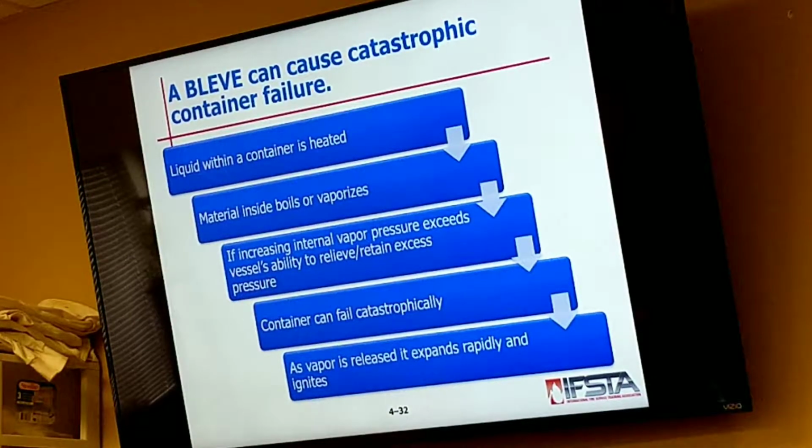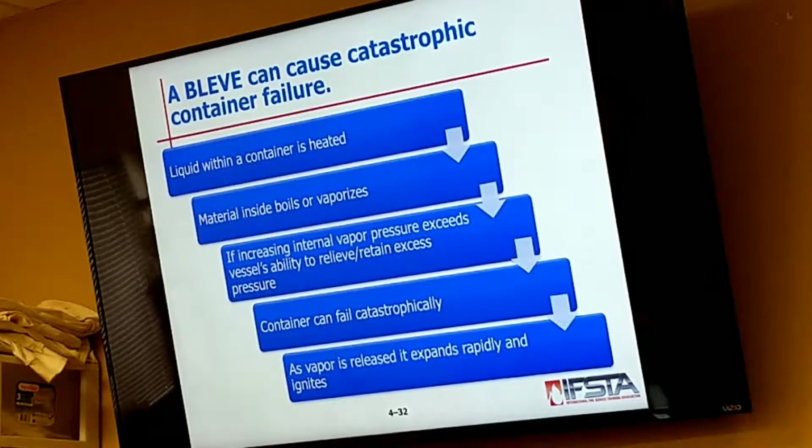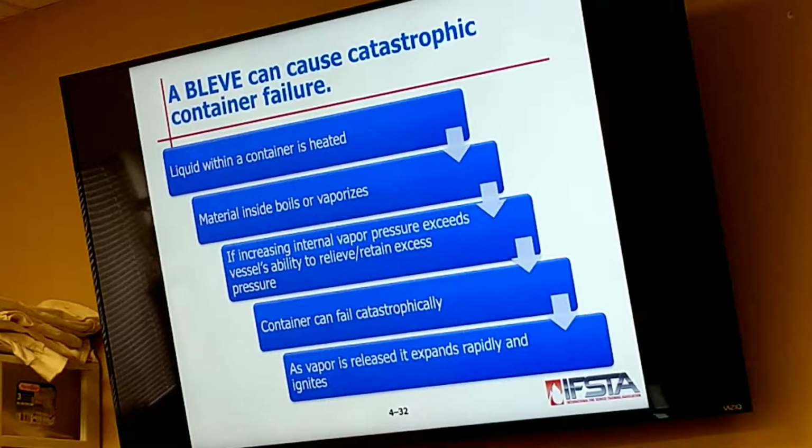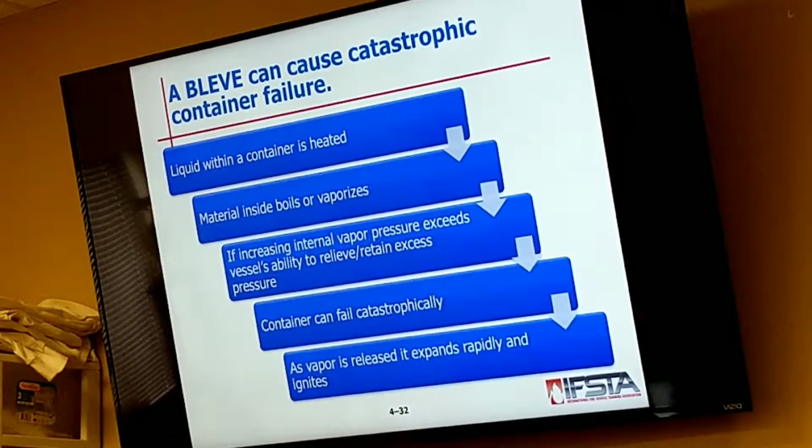The resulting increase in the internal vapor pressure exceeds the vessel's ability to relieve the excess pressure, and the container will fail catastrophically. Remember, they used to tell us the ends of the propane cylinders would come out. Now we found out that it doesn't matter. They can go in all directions. BLEVEs most commonly occur when flames contact the tank.